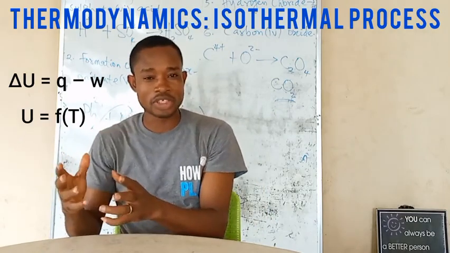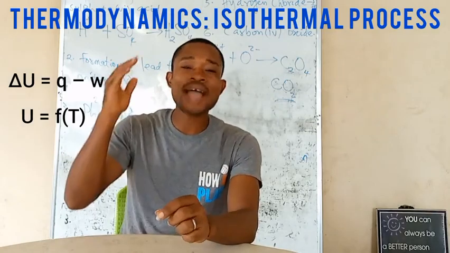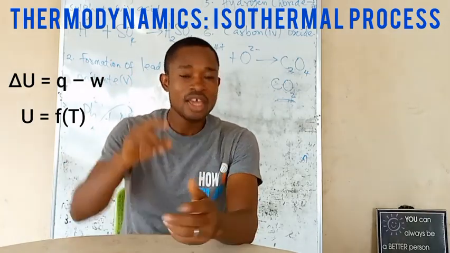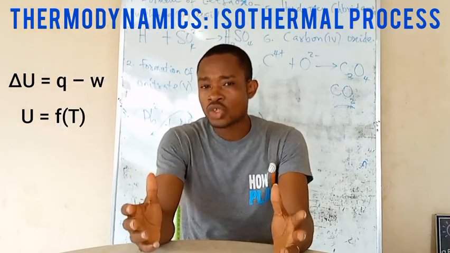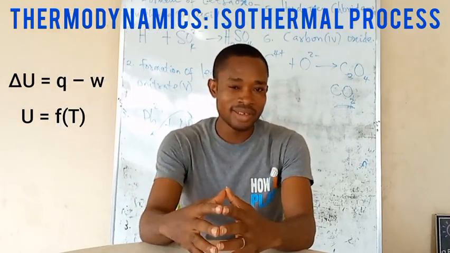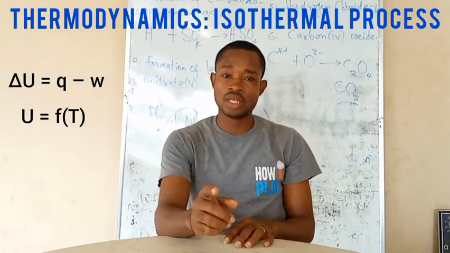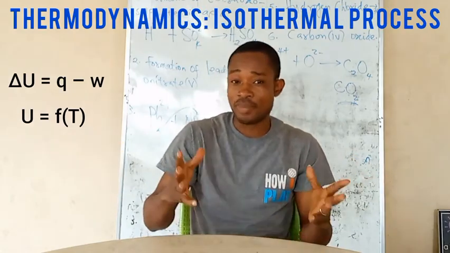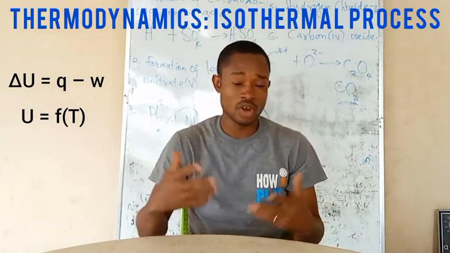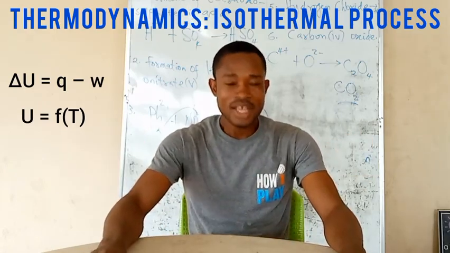Whatever happens to temperature affects internal energy. Now, in isothermal process, if temperature is constant, it means that U will also be constant. And let me say this quickly. Instead of using U, sometimes you can make use of the capital E to represent internal energy. It is still okay. Alright?